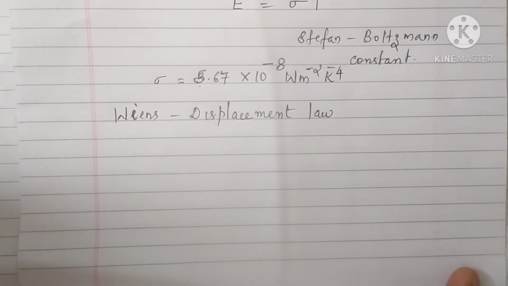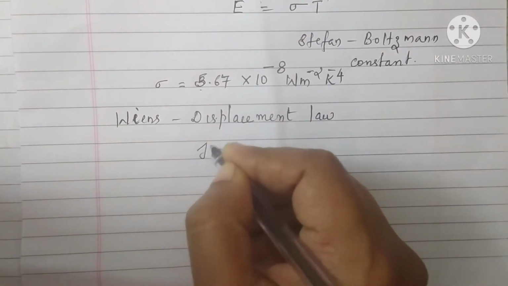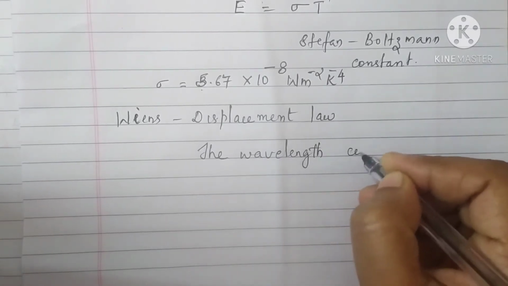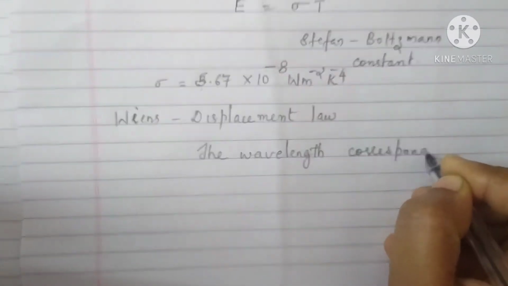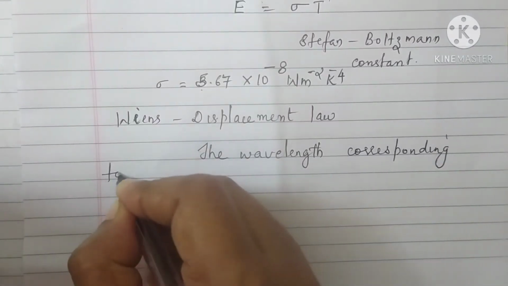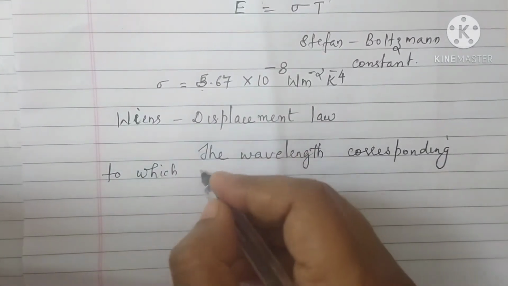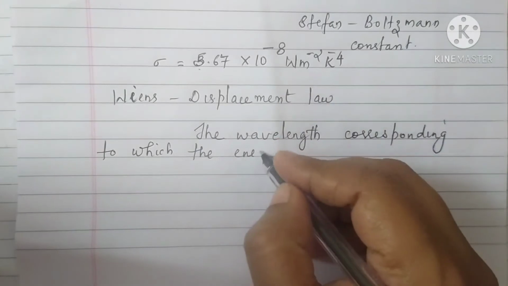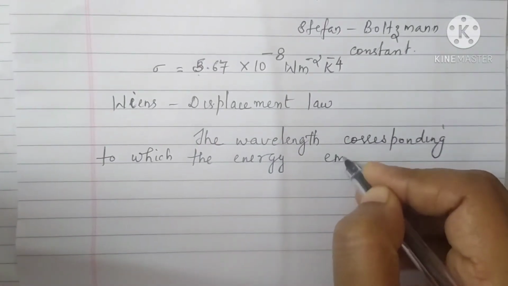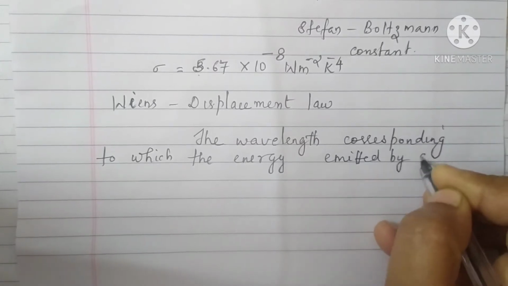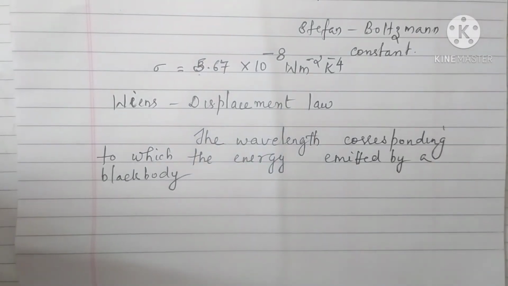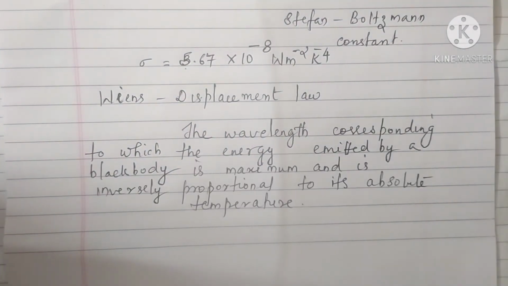So I will write the statement here: the wavelength corresponding to which the energy emitted by a black body is maximum and is inversely proportional to its absolute temperature.